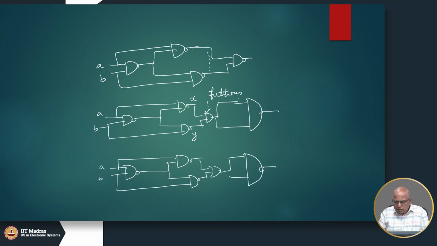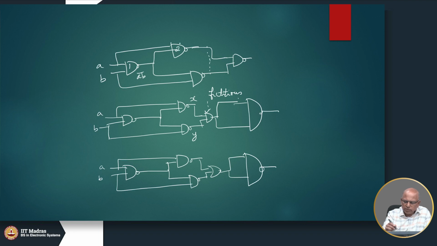So let us understand the behavior of these two. In this example, the output of the first gate is (AB) bar.